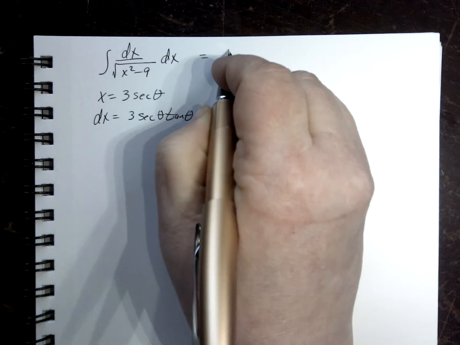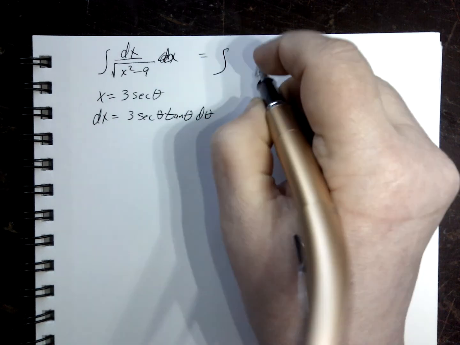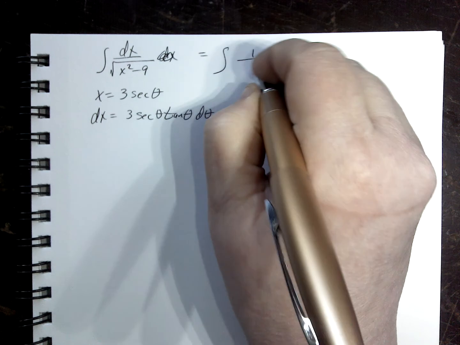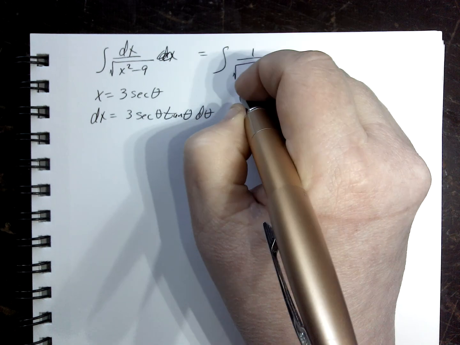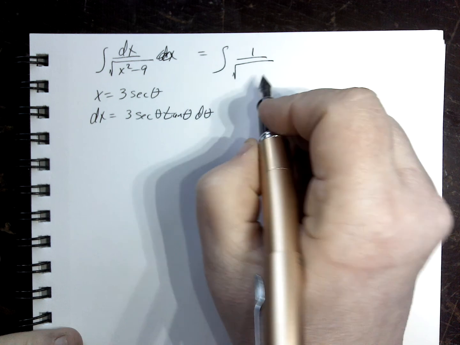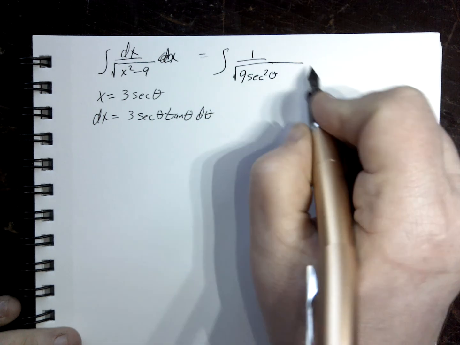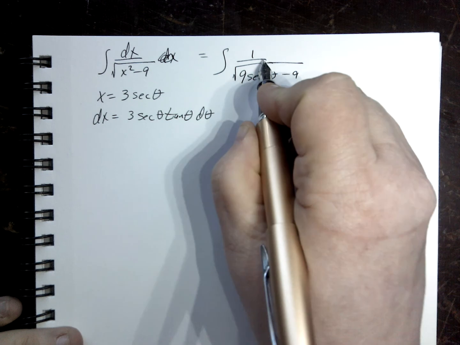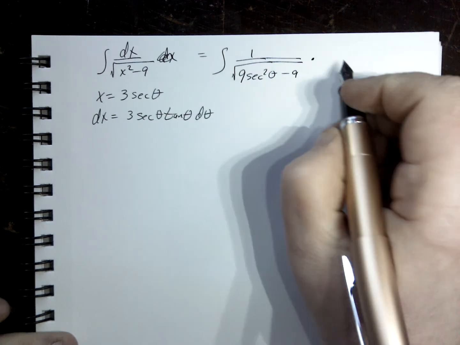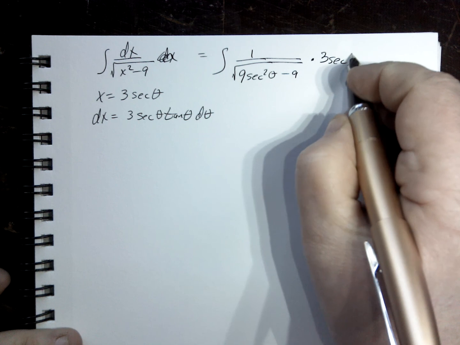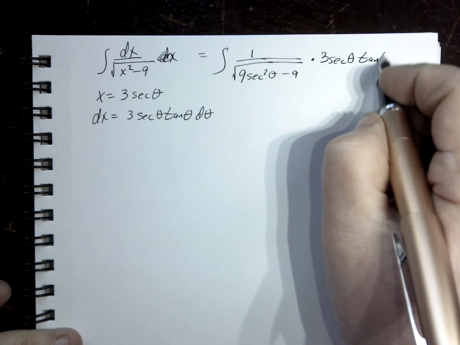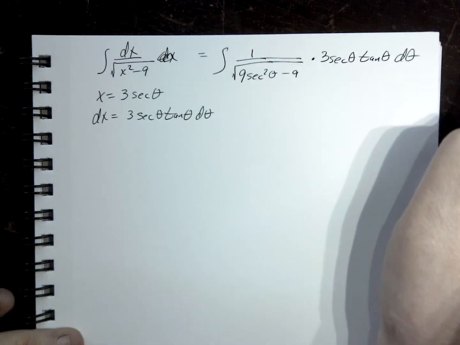My integral becomes 1 over the square root of x squared, which is 9 secant squared theta minus 9, times my dx, which is 3 secant theta tan theta d theta.